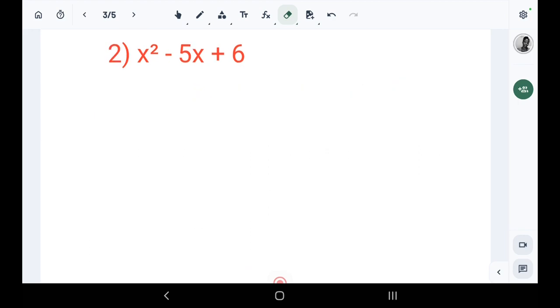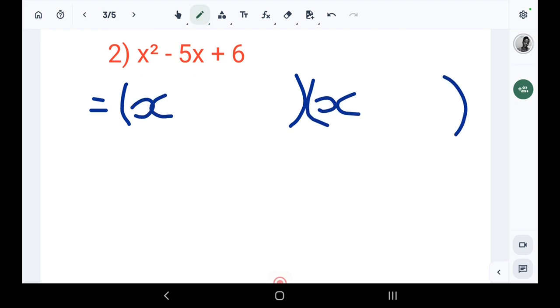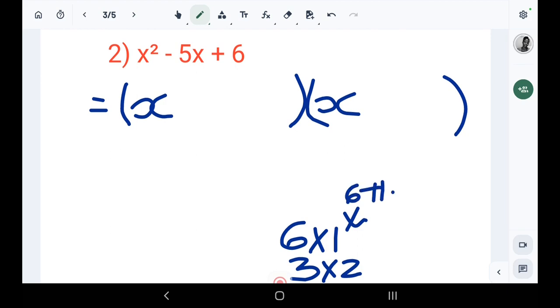Now the next one is x squared minus 5x plus 6. Same story. Step number 1, 2 pairs of brackets, and your x's, x and x. Step number 2, you find factor pairs of your last term: 6 times 1 and 3 times 2. Now, 6 and 1 added together, 6 plus 1, equals 7.